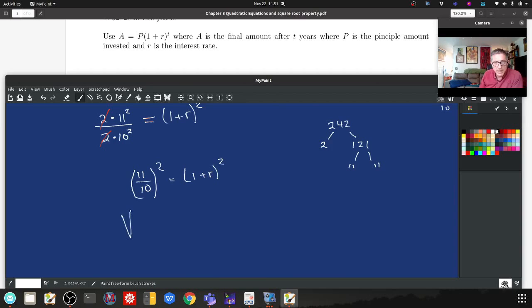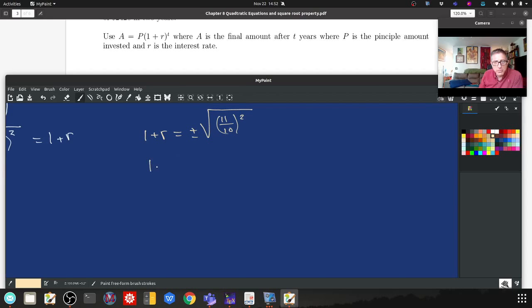I'm going to take the square root of 11 tenths squared, plus or minus, and that's equal to 1 plus r. And if you're not comfortable with seeing it that way, you're completely fine to rewrite it as 1 plus r is equal to plus or minus the square root of 11 divided by 10 squared. And we'll just leave it in that form.